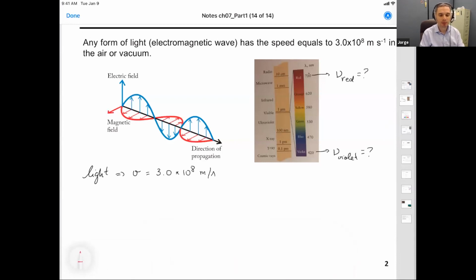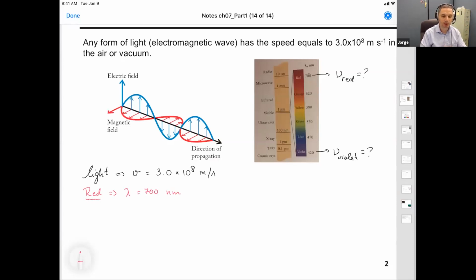Okay, so let me start solving this problem and then let's see if you got it right or wrong. Let's start with the red light. For the red light, according to the figure, the wavelength is around 700 nanometers.